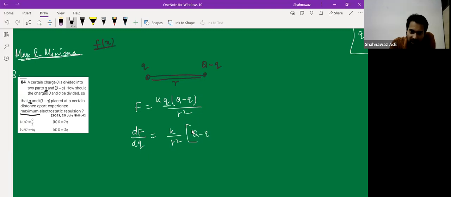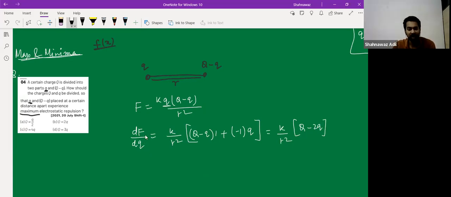So Q minus Q into Q, differentiation is 1. And then the differentiation of Q minus Q would be how much? Minus 1 into Q. So this would be K by R square and Q minus 2Q.